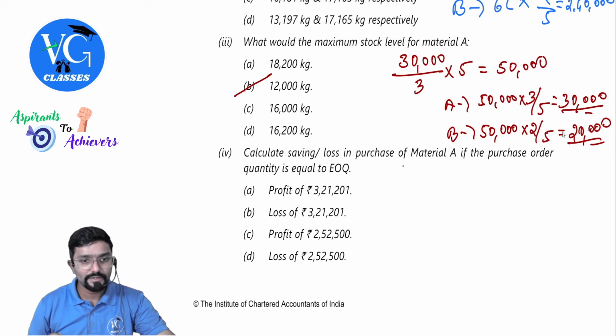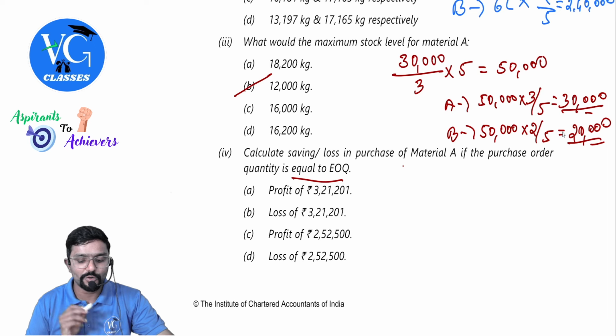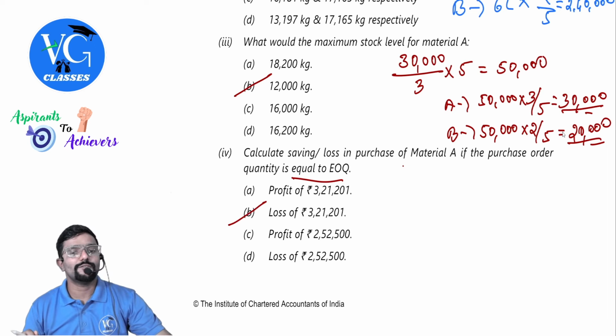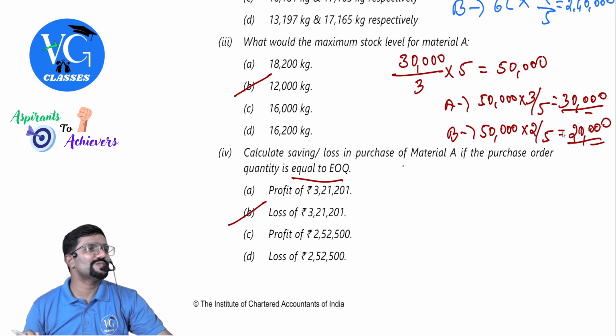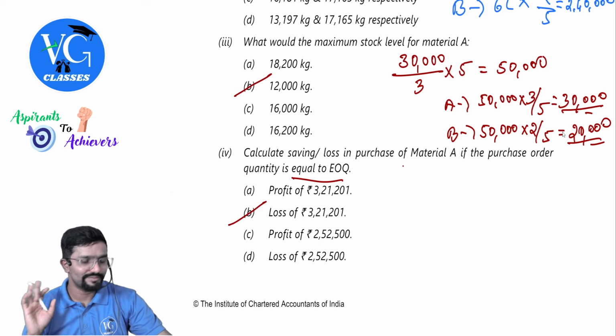Maximum is 12,000 here. Okay. Calculate savings or loss in purchase of material A if the purchase order quantity is equal to EOQ. What is it? Loss of 3,21,201. The question is very simple, but see how much calculation we have to do.